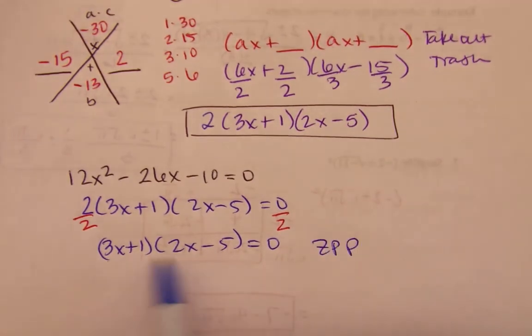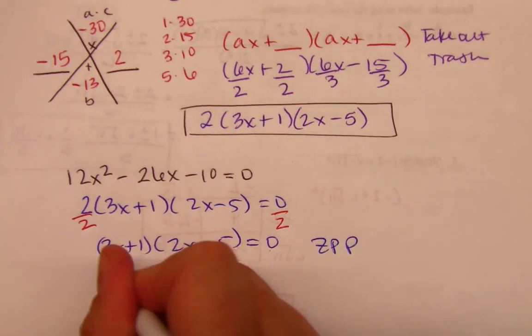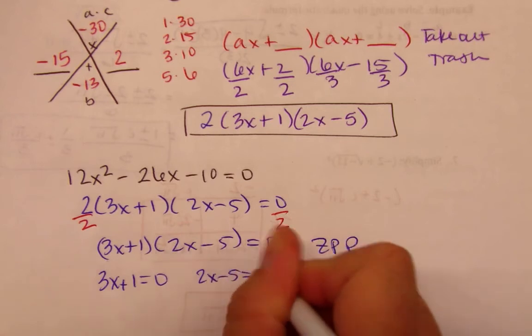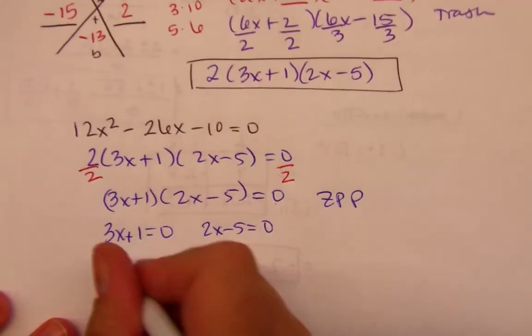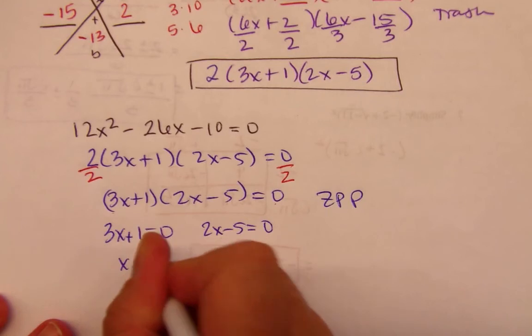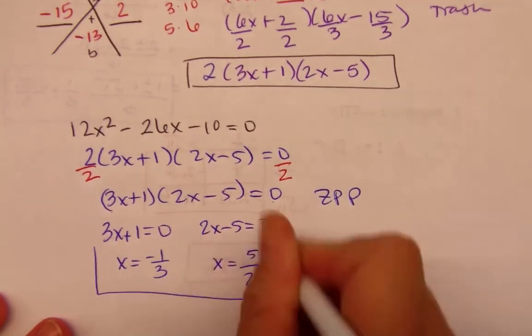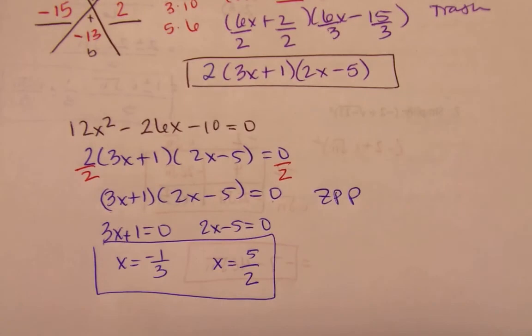And that says if I have these two factors and their product equals 0, then we can set both factors equal to 0. And then we can solve. So this will give me x equals negative 1/3, and this will give me x equals 5/2. And those are my solutions. So that's just a short review of the X method that I showed you guys.